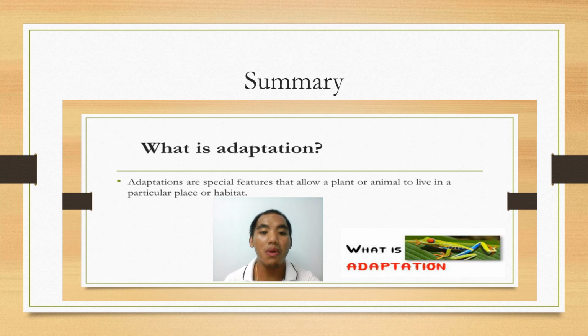Now let's summarize our lesson for today, which is about plants and animal adaptation. When we say adaptation, it is a special feature that allows a plant or animal or any other living things to live in a particular place or habitat, like the examples that we mentioned a while ago.